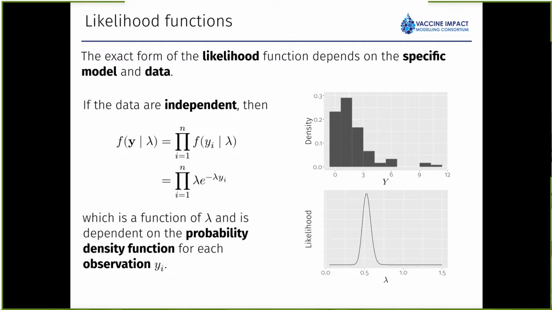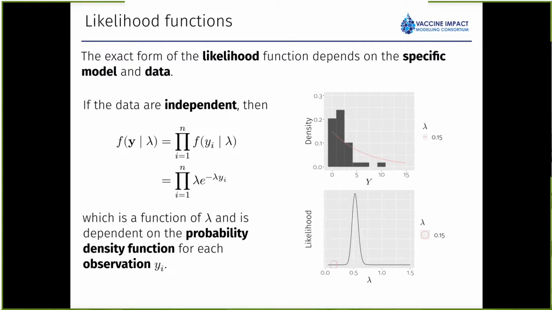So in a classical statistical framework, we now say, how do we use the likelihood function to estimate lambda? And one of the ways that we can do that is to try to derive which values of lambda maximize this likelihood. And this is called maximum likelihood estimation.